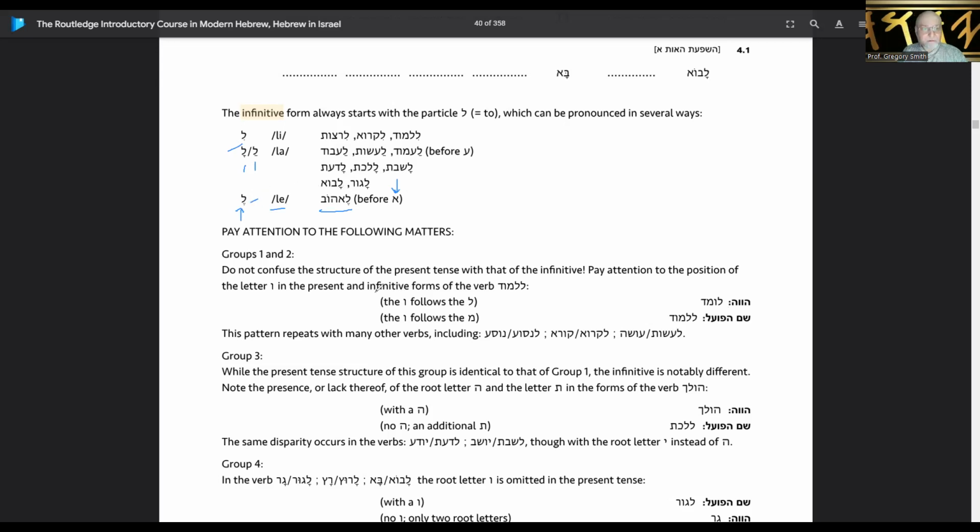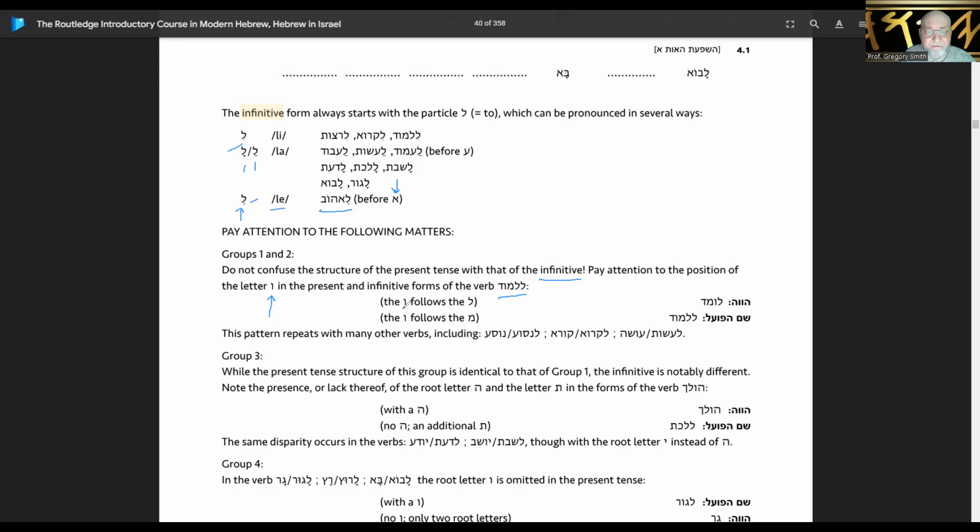Now, it says here, pay attention to the following matters, groups 1 and 2. Do not confuse the structure of the present tense with that of the infinitive. Pay attention to the position of the letter vav in the present and infinitive forms of the verb lilmod.